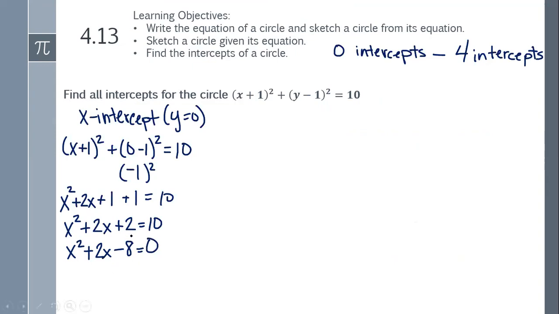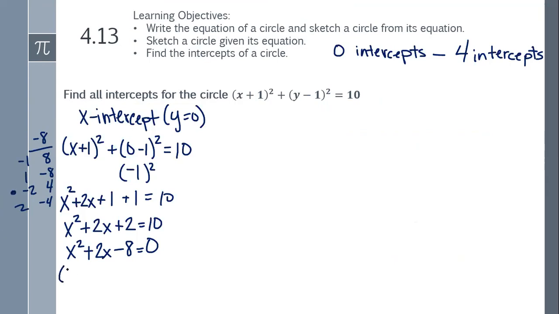Okay, so I'm looking for factors of negative 8 that add to 2. Factors of negative 8 could be negative 1 and positive 8, positive 1 and negative 8, negative 2 and positive 4, positive 2 and negative 4. I want them to add to 2, so that's these guys here.